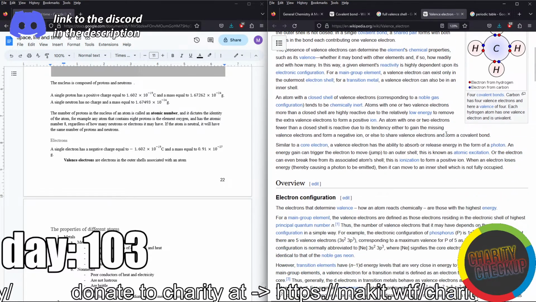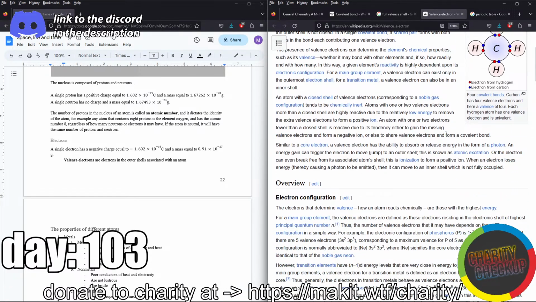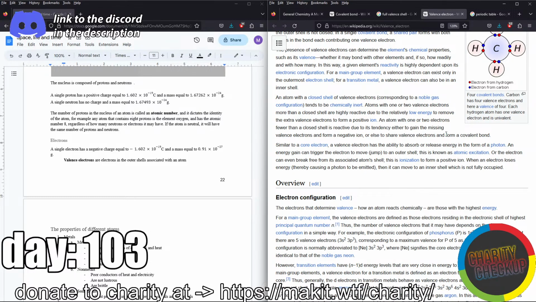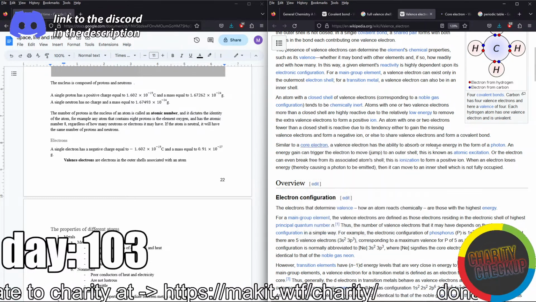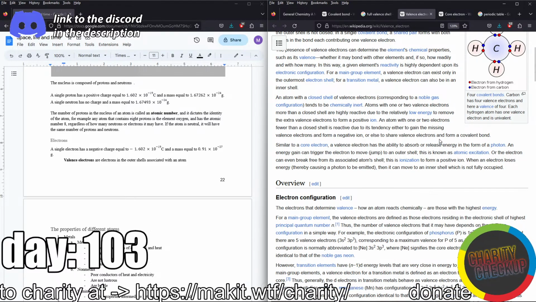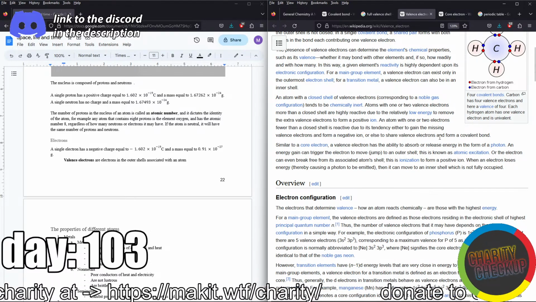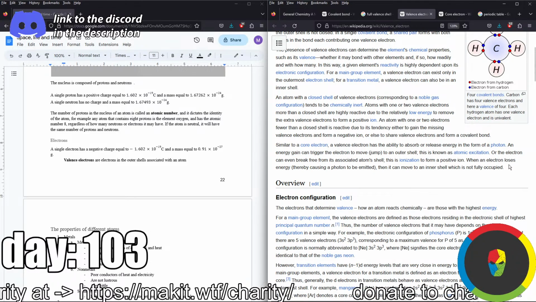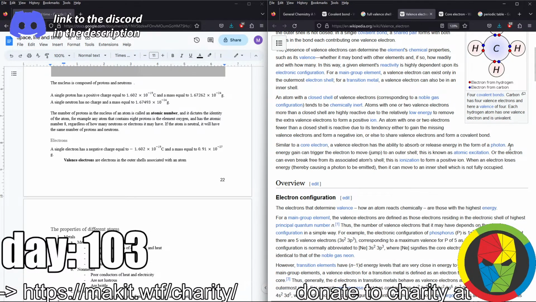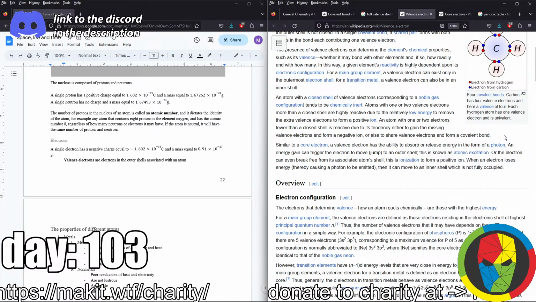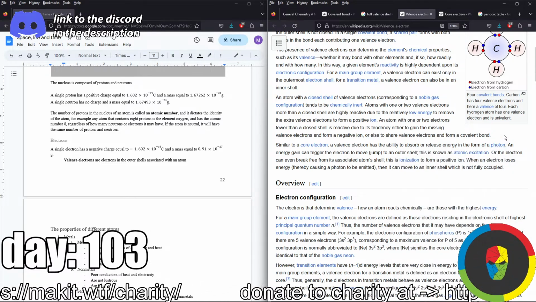Okay, so I've got nothing so far. Core addiction, that also seems like a reasonably important thing. Absorb or release energy in the form of a photon. Yes, that's actually kind of cool. That's actually kind of sick, because that's how vision works.